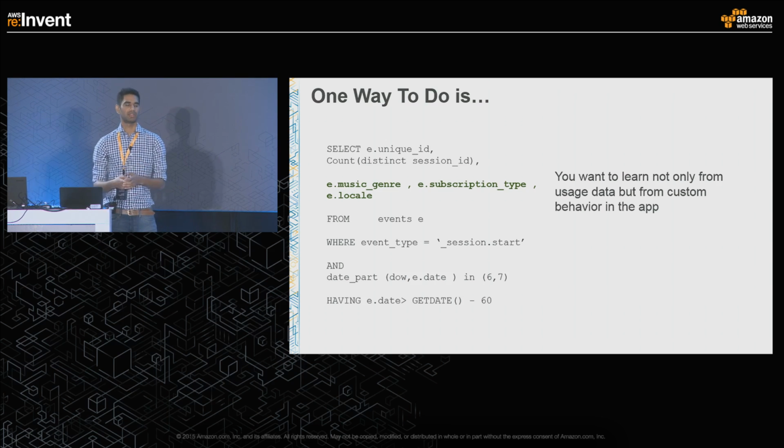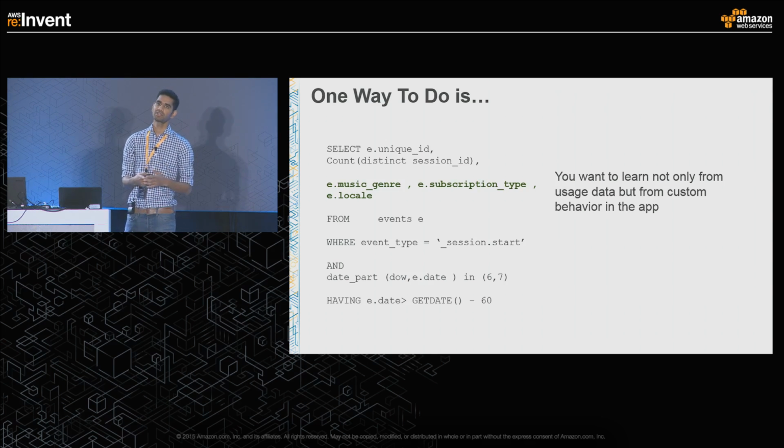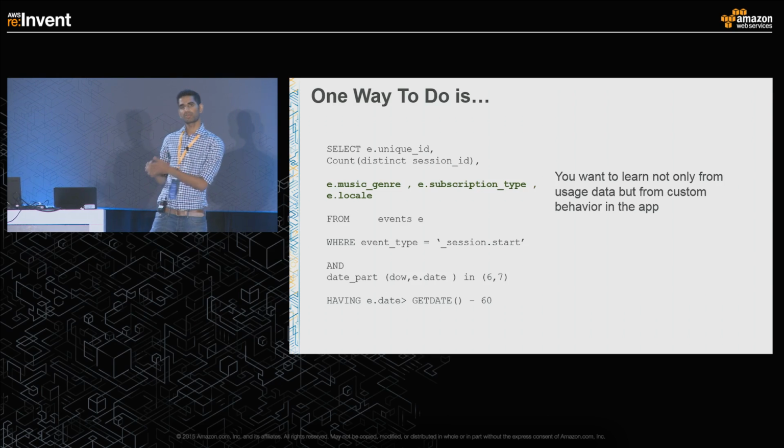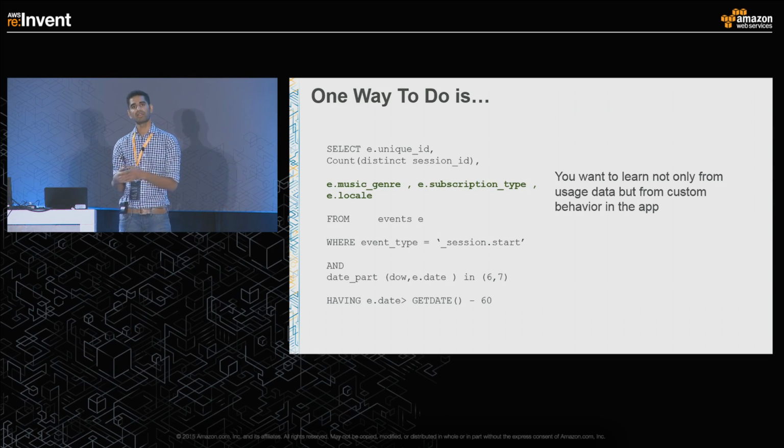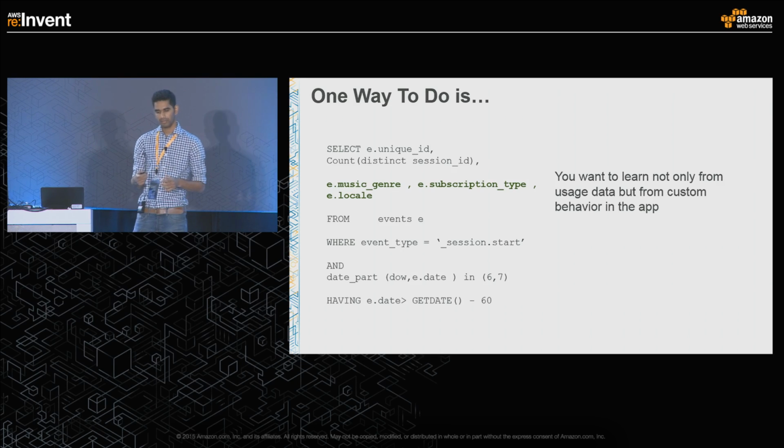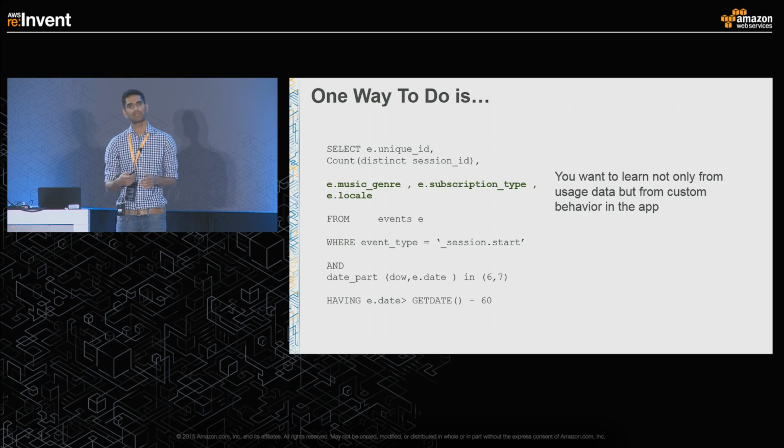So you would say, let me add more information into my query, like which genres of app people are using, or what subscription types, or which country, or which device they're really using the app on. You could add this kind of information to your query and rerun it.